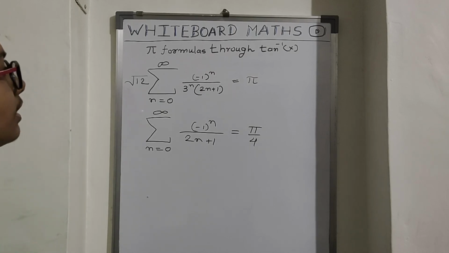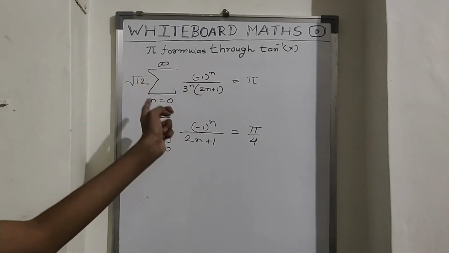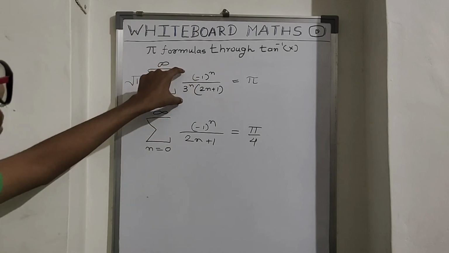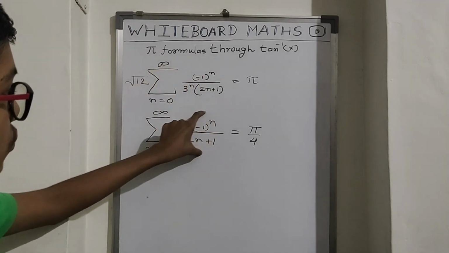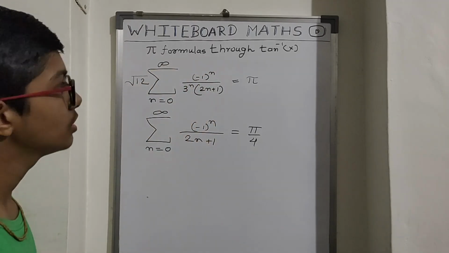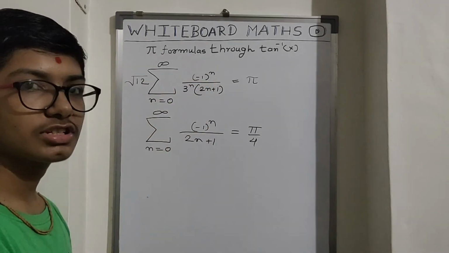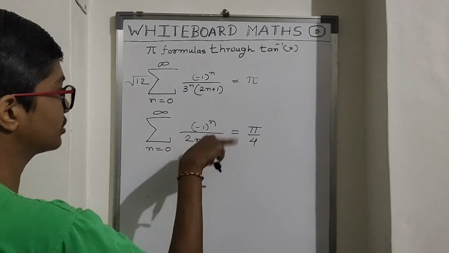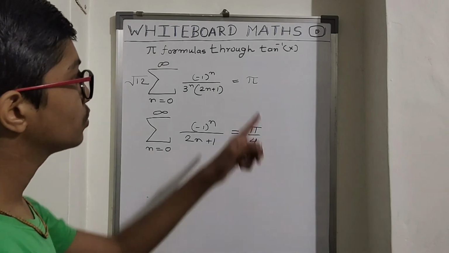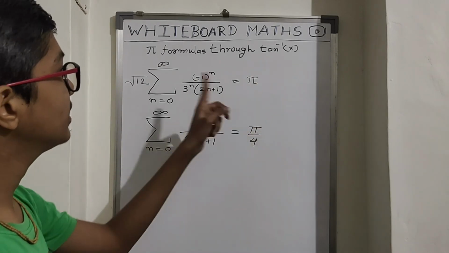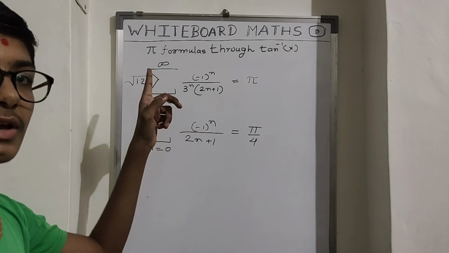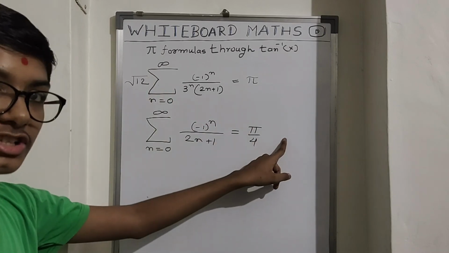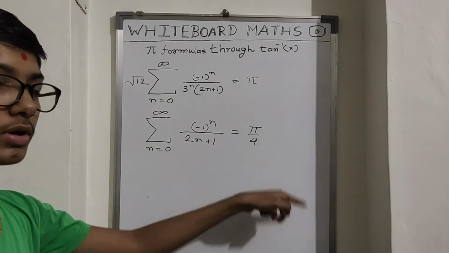You would say why? That is because this formula has smaller terms compared to this formula, and so this formula converges quite faster than that one. So this is a plus point, that this converges faster, and this has a minus point, that this converges slowly.